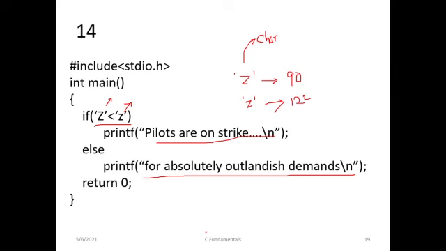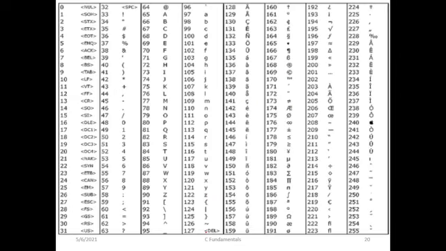Fine. So this is an ASCII table from 0 to 255. Each and every value is associated with a character. 0 is the null character, like that. It will go on.